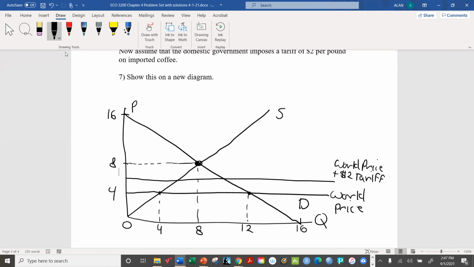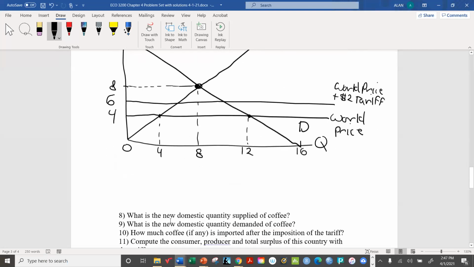So we basically shifted the curve up by $2. All right, now we can go back to the chart and find out where the new quantity supplied and quantity demanded are.